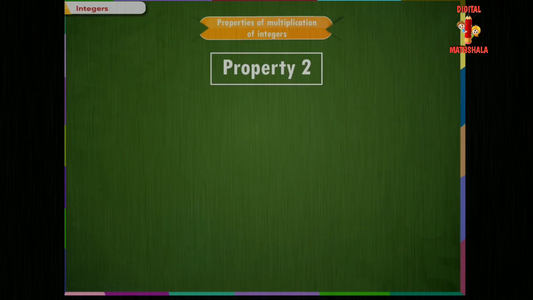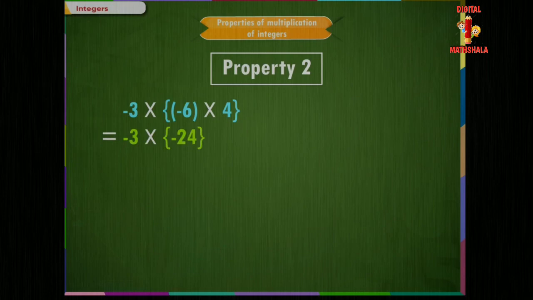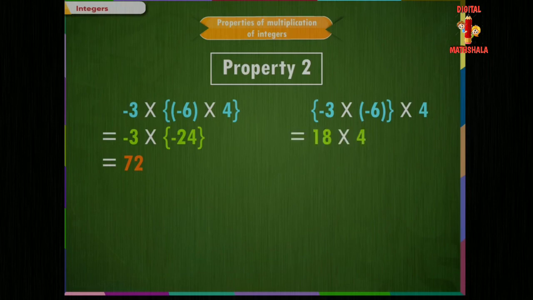Property 2. Let us multiply three integers in different groups and check if their result is the same or not. For example, minus 3 into (minus 6 into 4) equals minus 3 into minus 24 equals 72. Also, (minus 3 into minus 6) into 4 equals 18 into 4 equals 72.